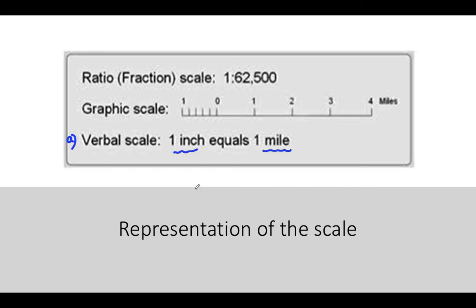In this type of scale, the units of distance are mentioned on the map in the form of a statement. For example, 1 inch equals 1 mile. So this means that 1 inch on the map is equal to 1 mile on the ground. Clear?